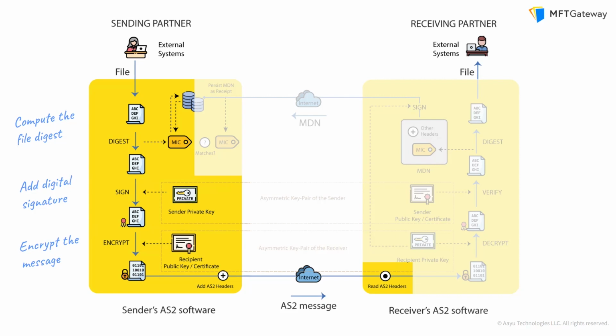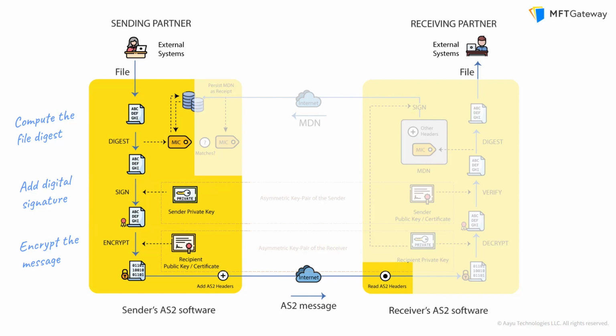For example, these headers will contain the AS2 identifier of the sending party, AS2 identifier of the intended receiver, a unique message ID for this file, and some other details about the algorithms used for the encryption, signing, and MIC calculation. Also, some parameters related to MDN signing.